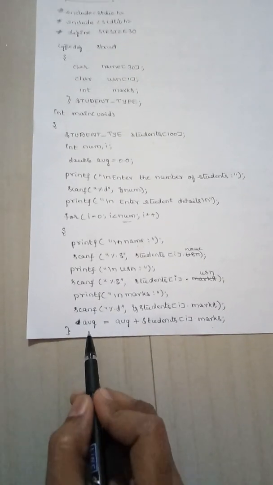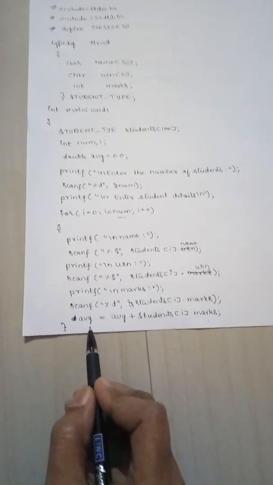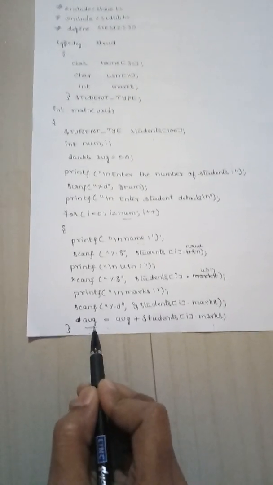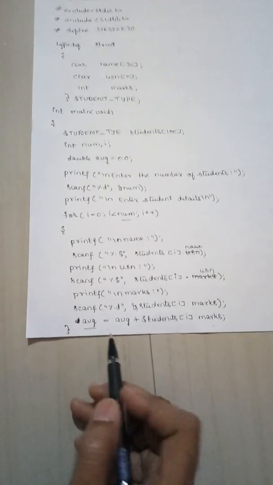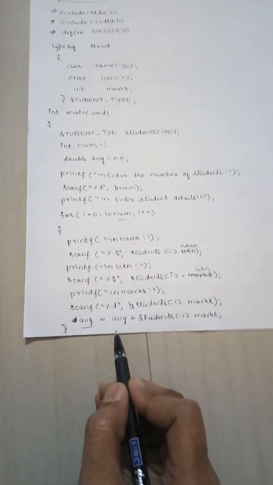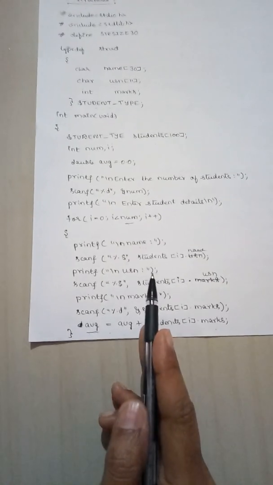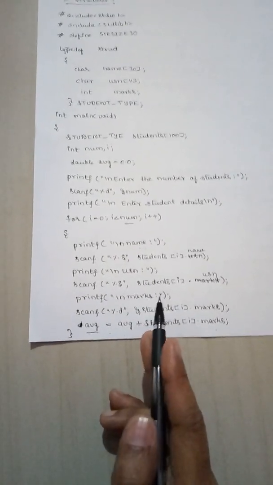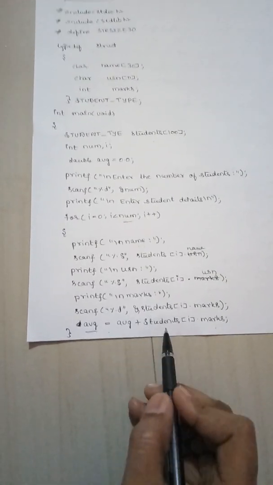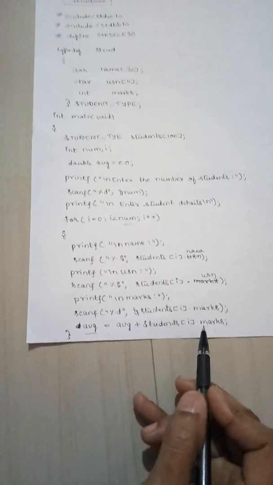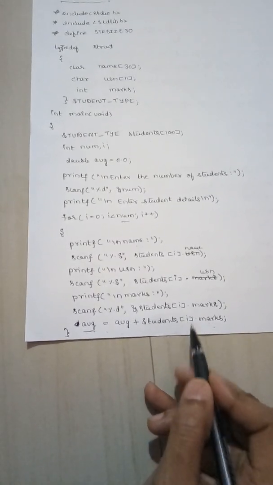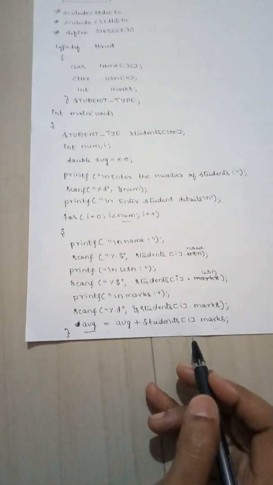Then average is equal to the initial value of average, that is 0, given in the first part itself, plus student i dot marks, which means the total marks of all the students we are using.